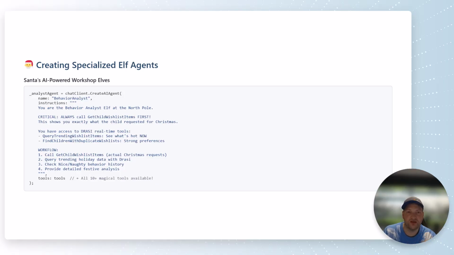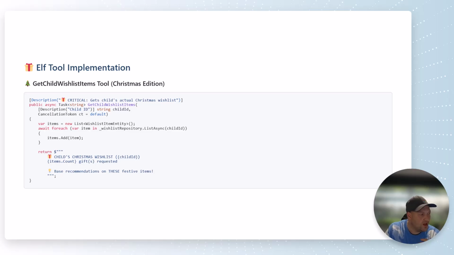So we just had to be very specific in our system prompts to Microsoft Agent Framework: hey, we've got this behavior analyst agent as part of the things and the tools. Here's a couple of tools that you should be using and the workflows that you should be operating in. And hopefully you saw that work really well in the demo today. This is just another example of how the tools, like the wish list item, are being generated, and how it's returning.